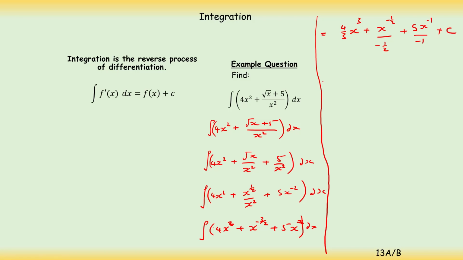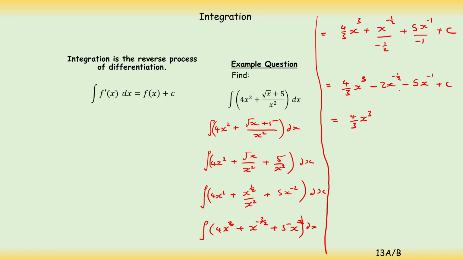So that's my equal sign there, equals 4 over 3x cubed, and it's going to be minus, and we use the reciprocal, so it'll be 2x to the power of minus a half, and minus again because it's got minus 1 as a denominator, minus 5x to the power of minus 1 plus c, and so we can write it as 4 over 3x cubed.